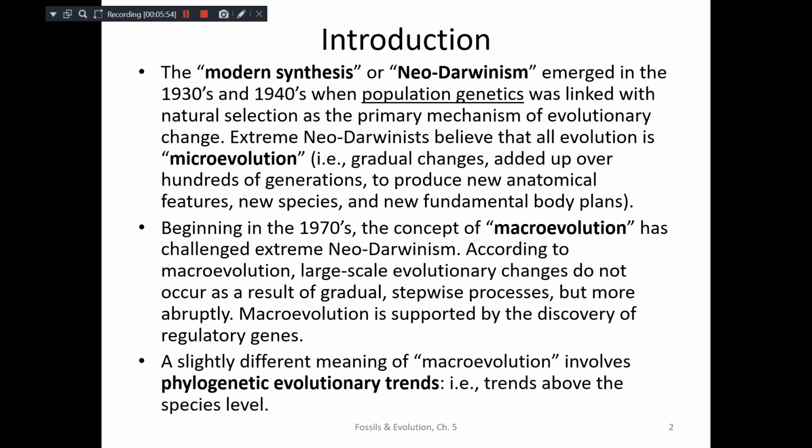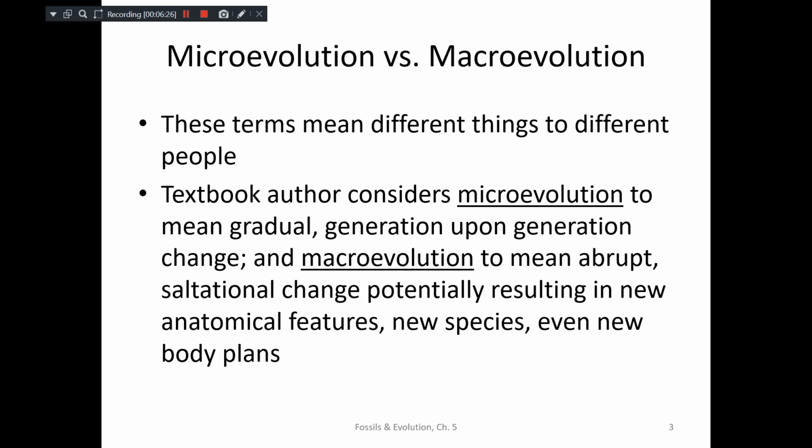Then apart from that, macroevolution involves phylogenetic evolutionary trends, where trends are above the species level. Most of the time, we limit our evolution to the origin of new species or speciation. But macroevolution says not only the species, even the higher taxa can also show evolution. This is the major difference between microevolution and macroevolution.